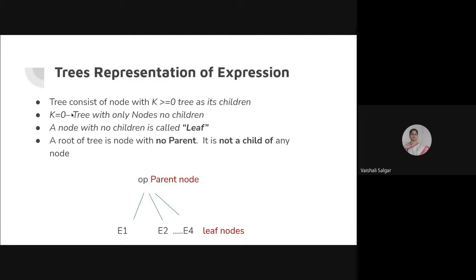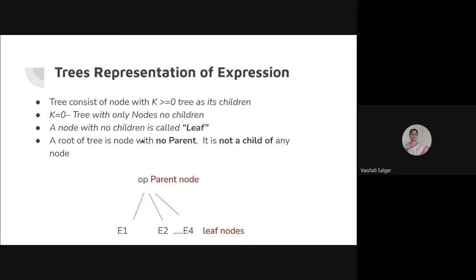While doing this tree representation, we know that the tree is going to have the leaf nodes, or the tree consisting of the nodes, where a tree has k greater than or equal to 0 children. When k is greater than 0, it means the node has children. If k is equal to 0, it means there is only one node and there are no children.